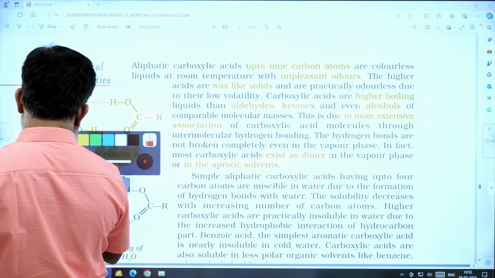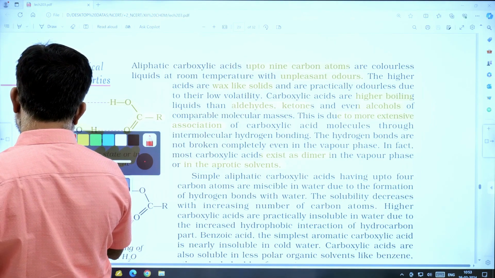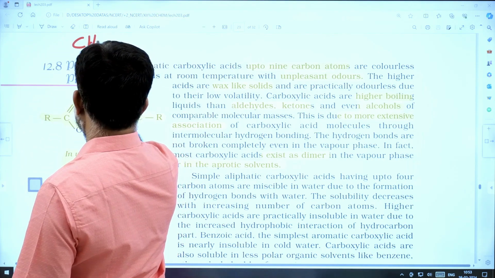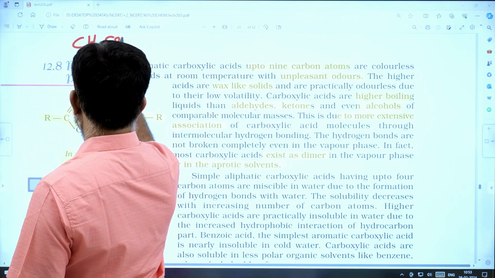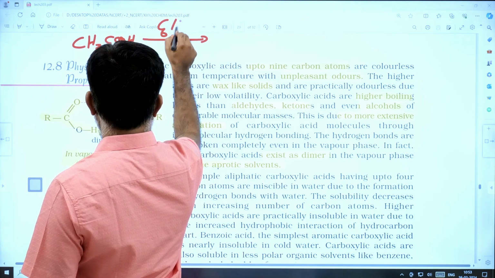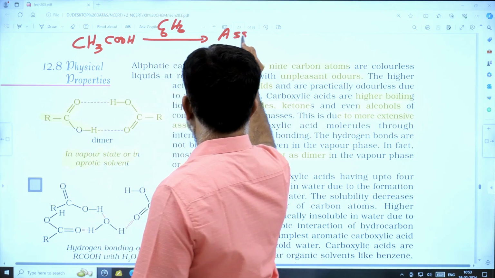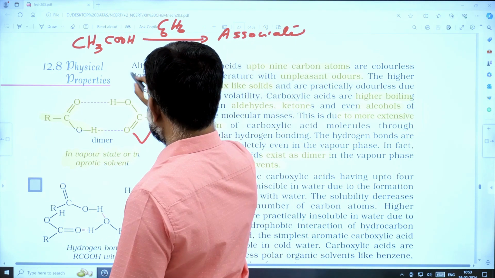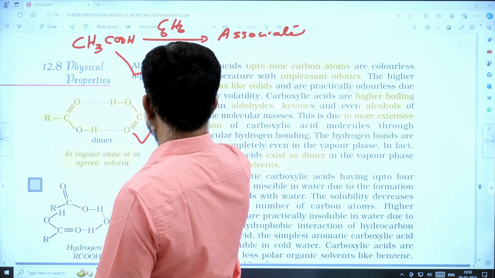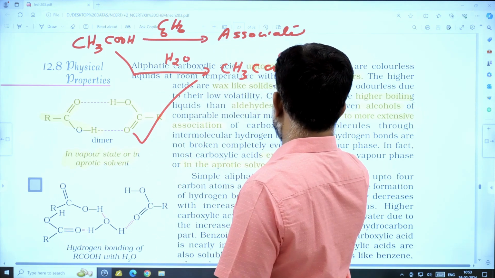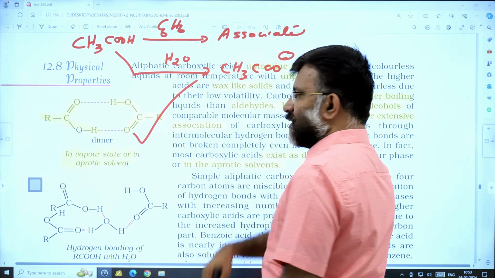So what is happening to acetic acid in benzene and acetic acid in water? If you take acetic acid in benzene, it will associate like this, while the same acetic acid in water will undergo dissociation, CH3COO minus and H plus.